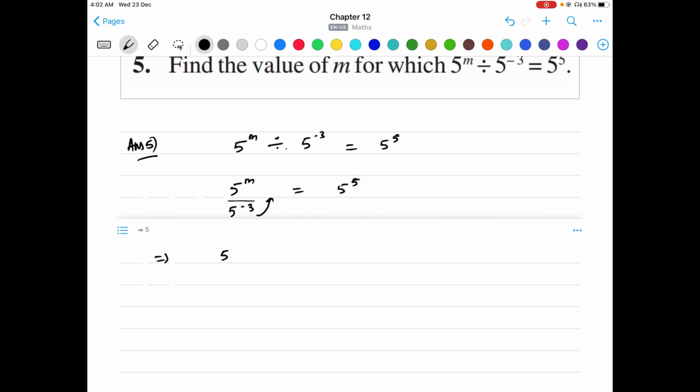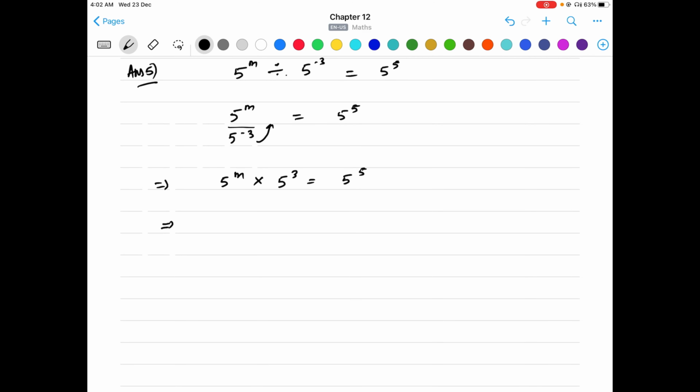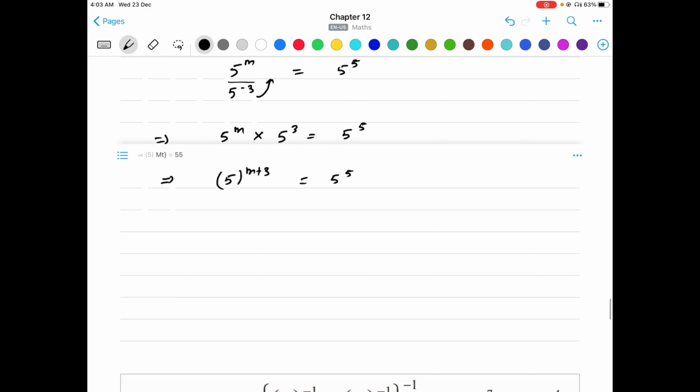So we have 5 power m multiplied by 5 power 3 equals 5 power 5. Okay, as the base numbers are the same, the powers can be added now, so it will be 5 power m plus 3.